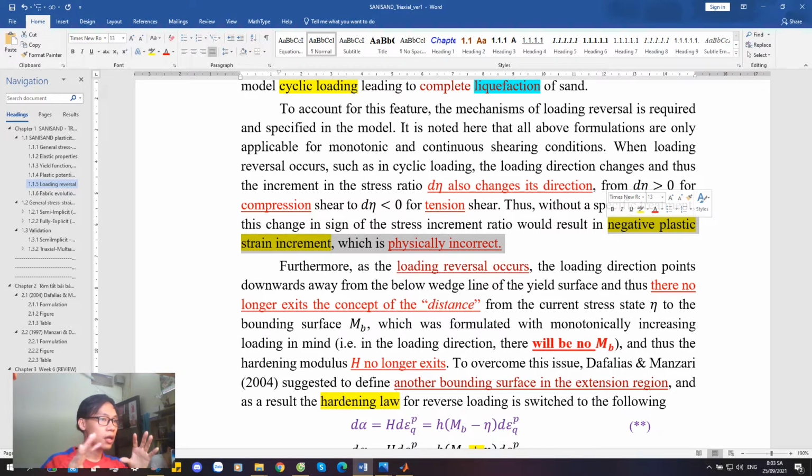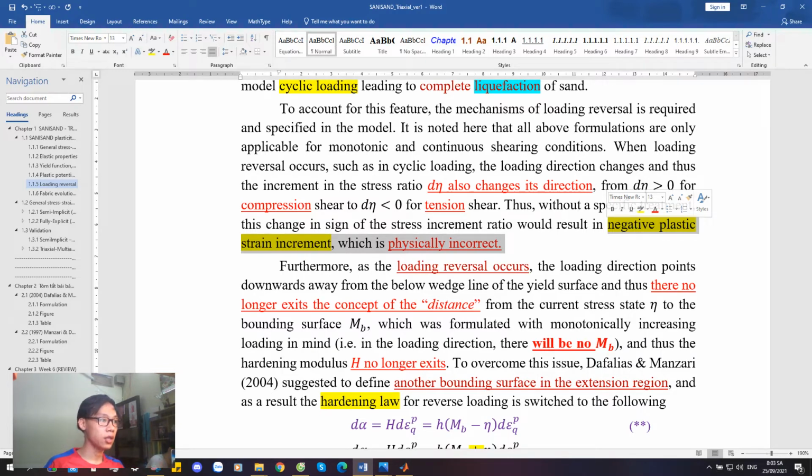We have the d lambda negative. It was never negative in the past in the other models, but with loading reversal, F changes. F is lower than 0, so it makes d lambda negative.